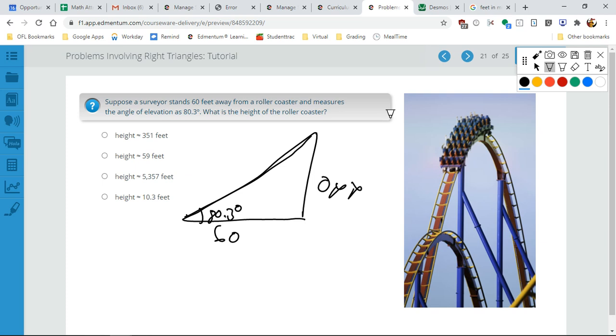The fractions are the same, no matter if you're getting closer or further away. So here we're going to use our tangent ratio because it's opposite and adjacent. So tangent of this equals opposite over our adjacent, which is 60.